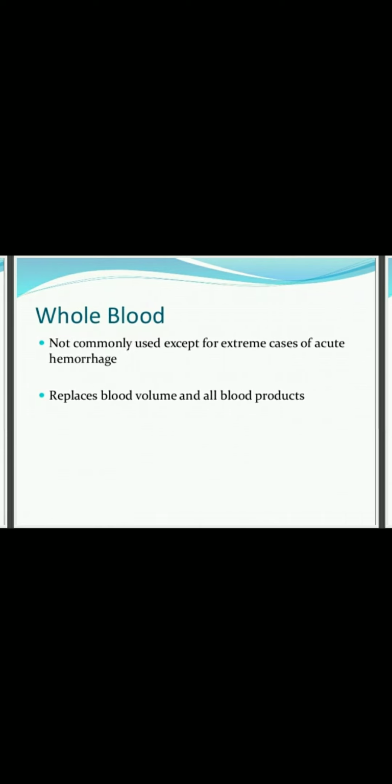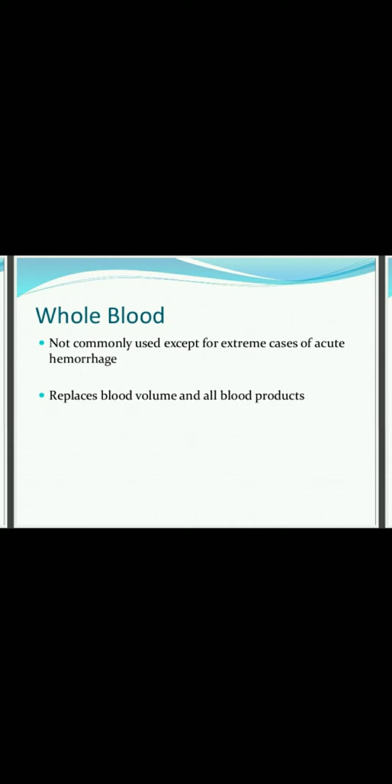Now next is whole blood. Whole blood is used when any patient has a life-threatening condition of excessive blood loss, during hemorrhage or another condition like that. It is not commonly used except in extreme cases of acute hemorrhage.